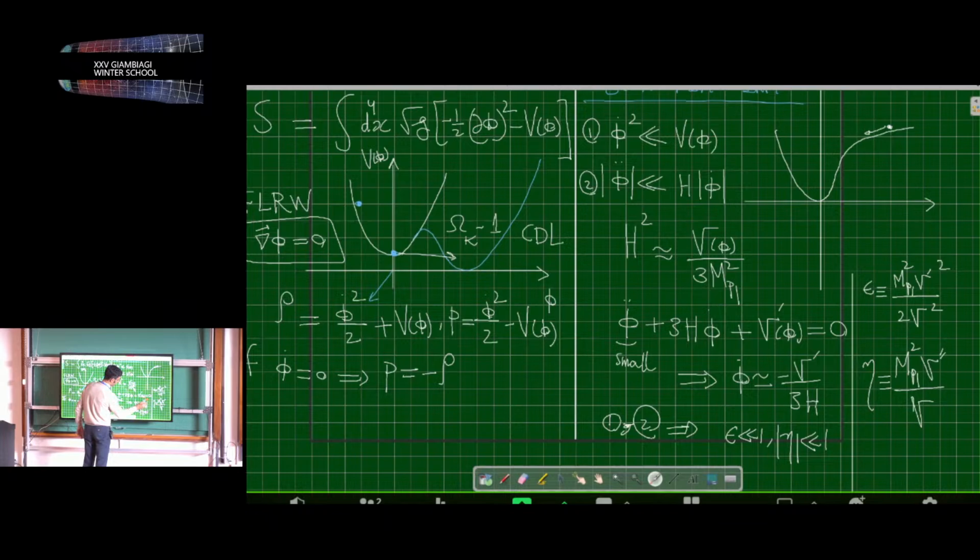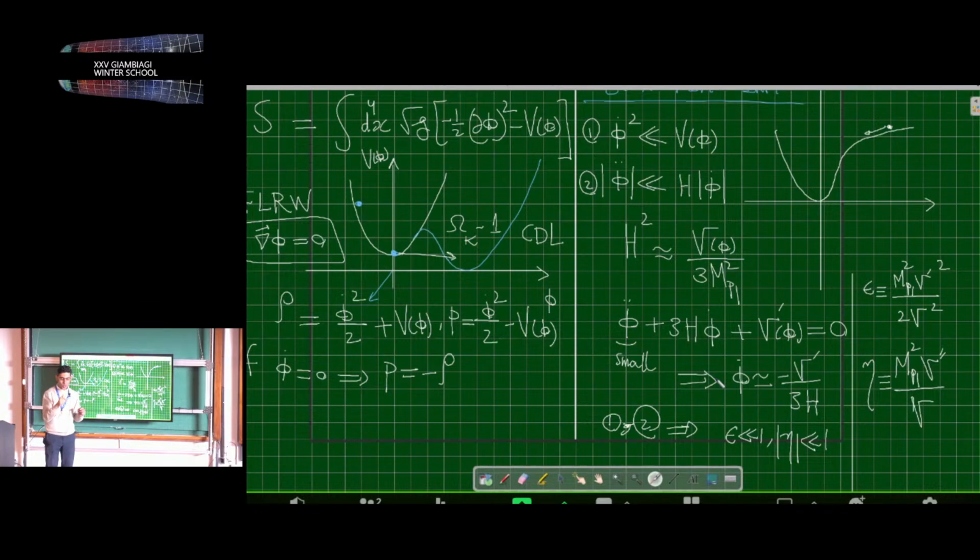Given a phi, you know V prime of phi, and given a phi, you know H, and therefore you know phi dot. So there is a line in the phase space, and phi dot is determined by phi. And this is an attractor. You can show it by looking at this equation. That it's an attractor solution, meaning that if you start from an initial condition away from this line, it will be quickly, within a time scale of order of H, absorbed.